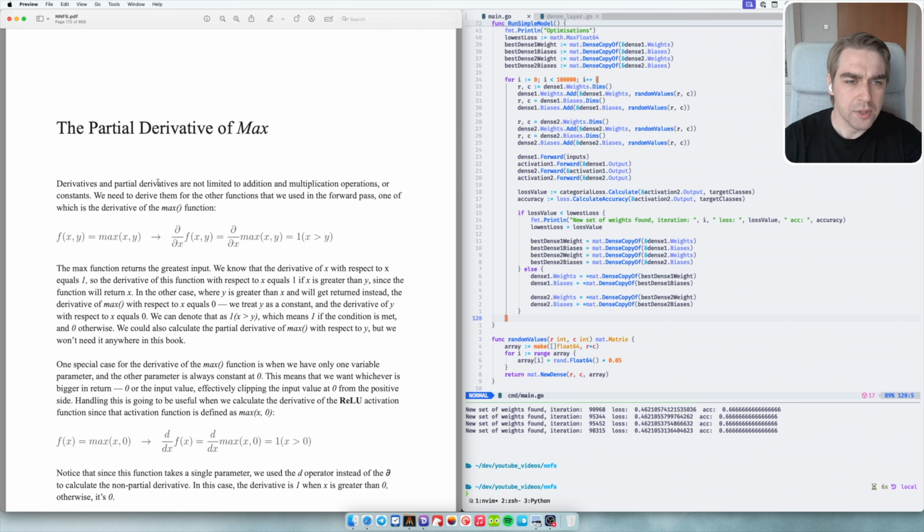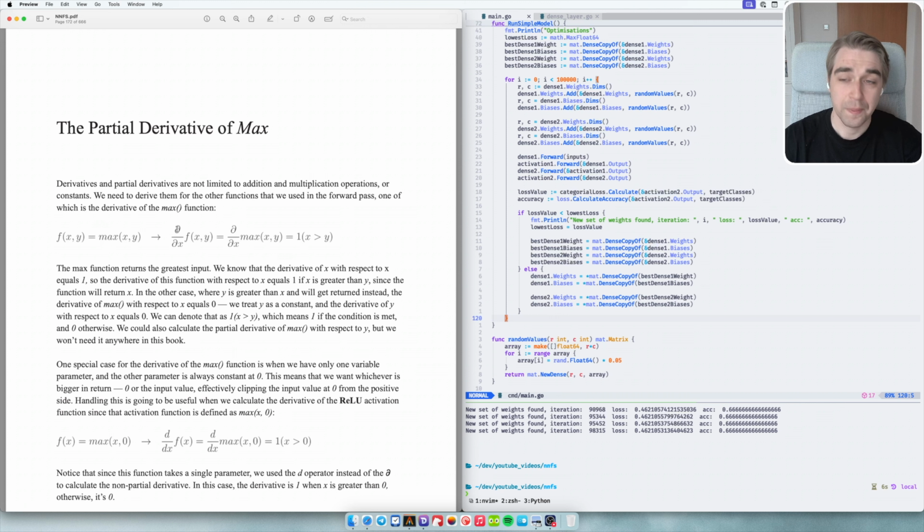Partial derivatives are not limited to addition and multiplication or constants. We need to derive them for other functions that we use in the forward pass, one of which is the derivative of the max. So for example, we have a function of two variables and we take the max.